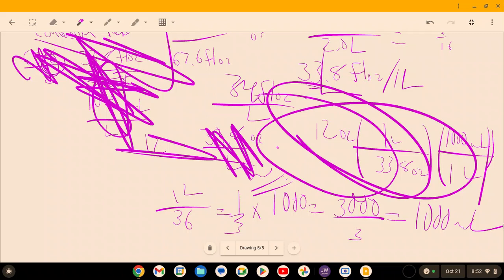Because actually, 16.9 ounces is 500 milliliters. So it's just slightly less than that. Oh, wait. Nope. Why do I suck at doing math?